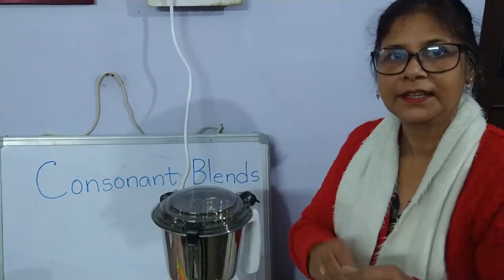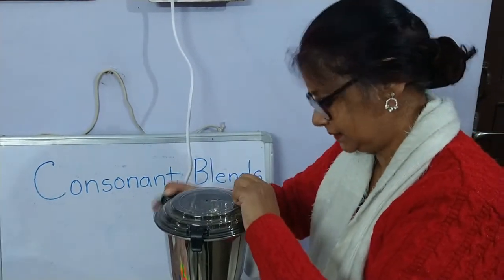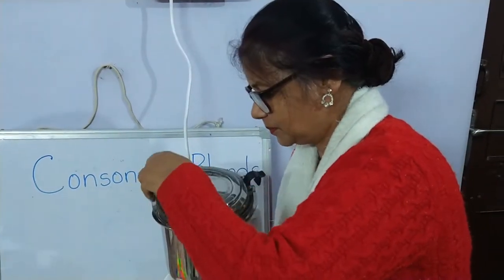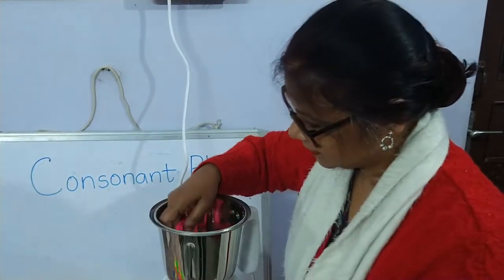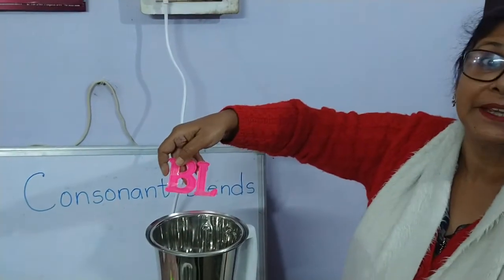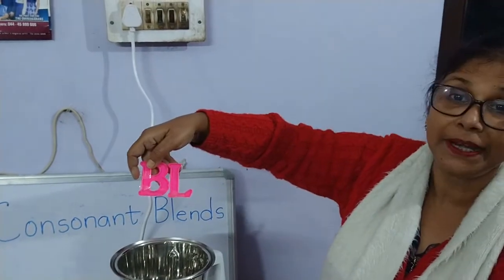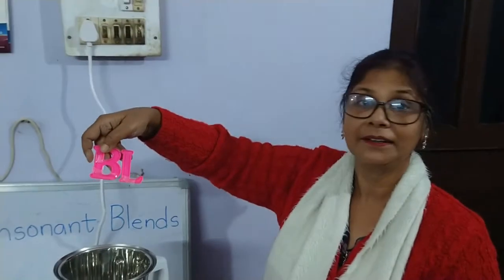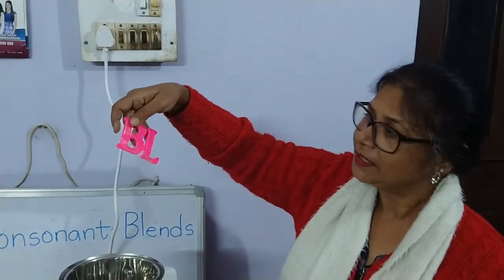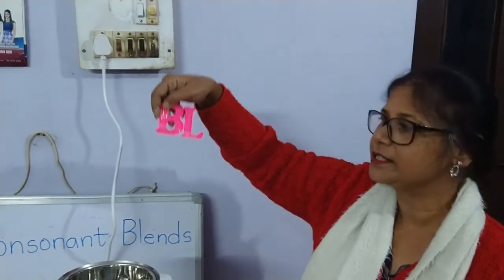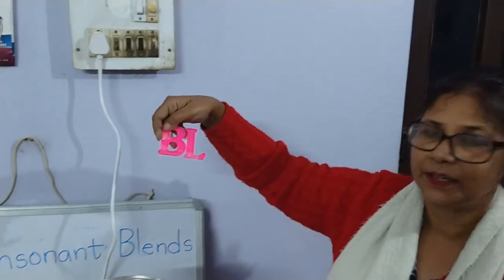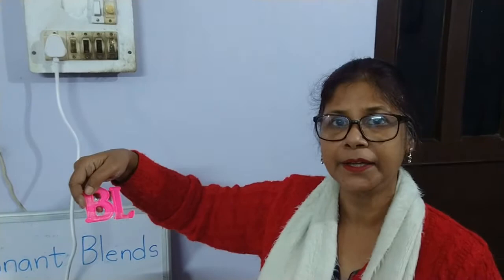Now let me see what has happened to B and L. Oh, B and L have joined, they have blended, they have become one. So this is called consonant blend. We are blending consonants. So now let us learn more about consonant blends.